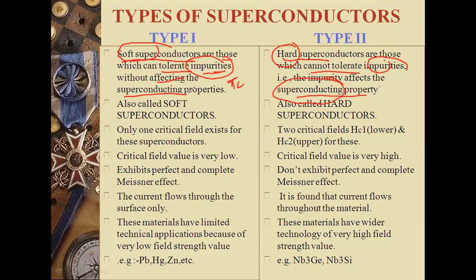Very easy bit, right? In type 1, soft superconductors, the impurities should not affect the superconducting properties, whereas in hard superconductors impurities affect the superconducting properties. So they cannot tolerate.